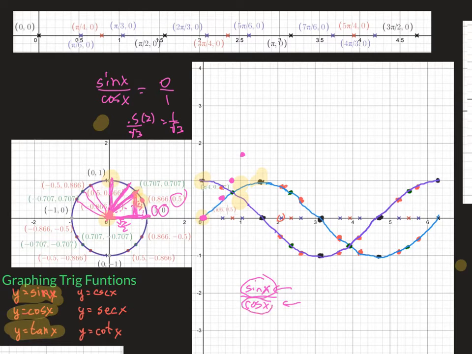Cos is still positive because it's to the right of the y-axis, but it's getting really, really small. Well, this is just going to blow up. And so right at pi by 2, it's going to be undefined, but this guy will go higher and higher and higher and higher, right? And of course, the slope, as you can see, is getting closer and closer to straight up and down, like that.